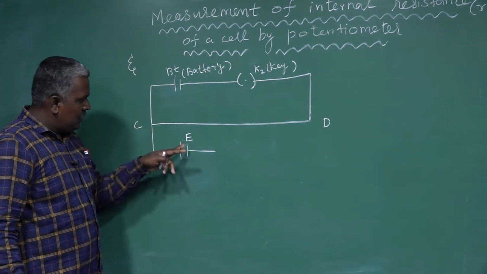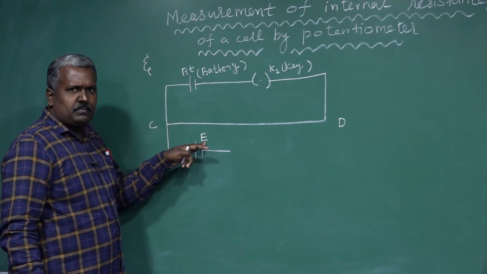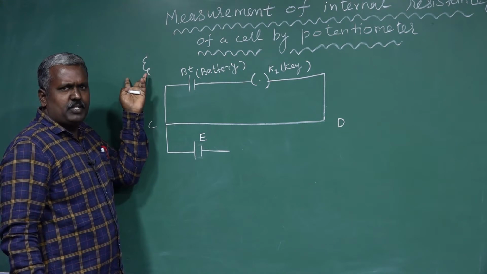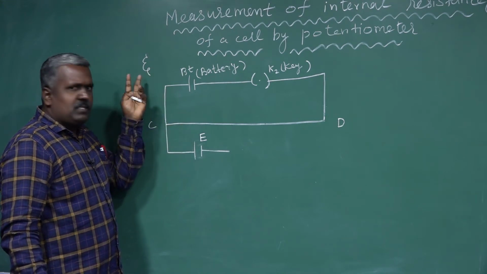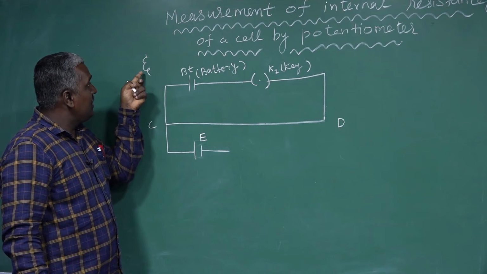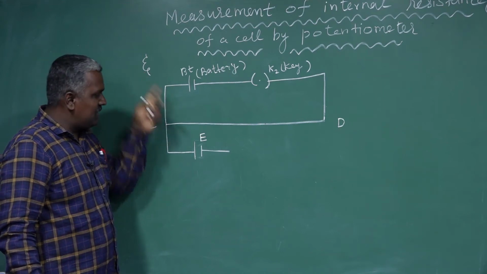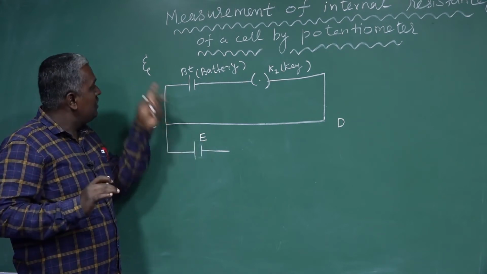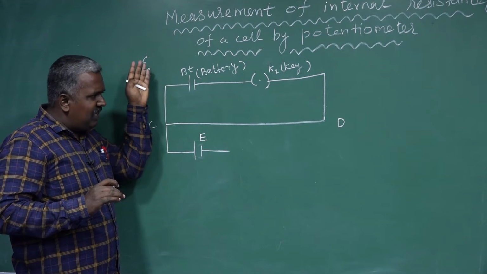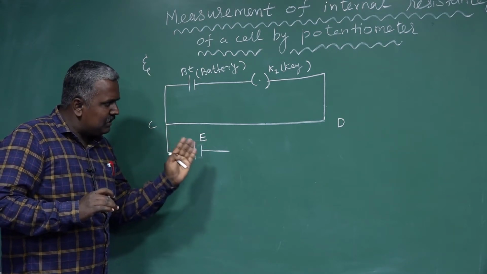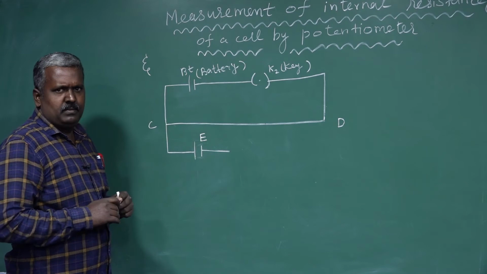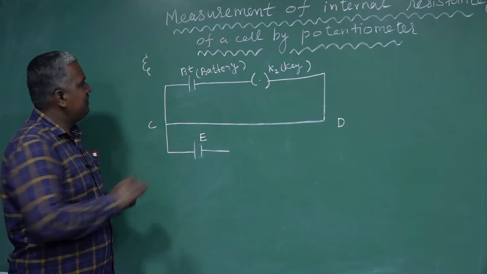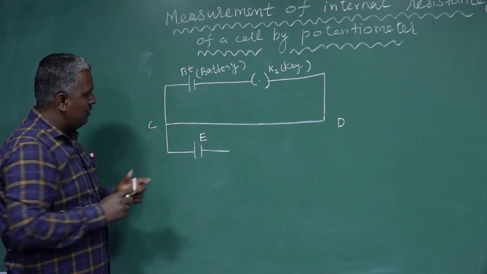You must write E, caps E, or you can use the other symbol, no problem. But don't confuse. At one place you put this symbol, at another place that symbol. Suppose you use this symbol, you must always use it until you complete the question. Okay? Use any one symbol.